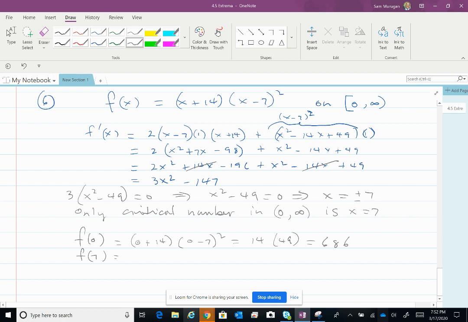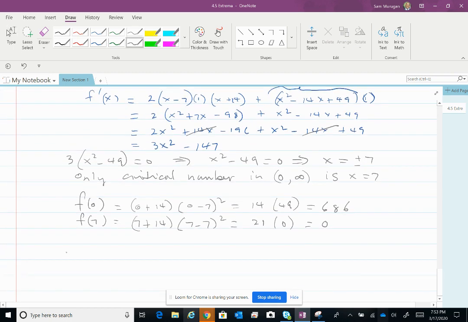And then substituting 7 into this function, we have 7 plus 14, 7 minus 7 squared, which is 21 times 0, which is 0.